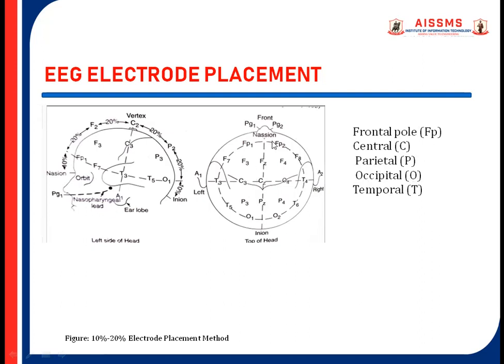The middle electrodes are marked with a subscript Z, which stands for zero. The odd numbers are used as subscripts for points over the left hemisphere and even numbers over the right.